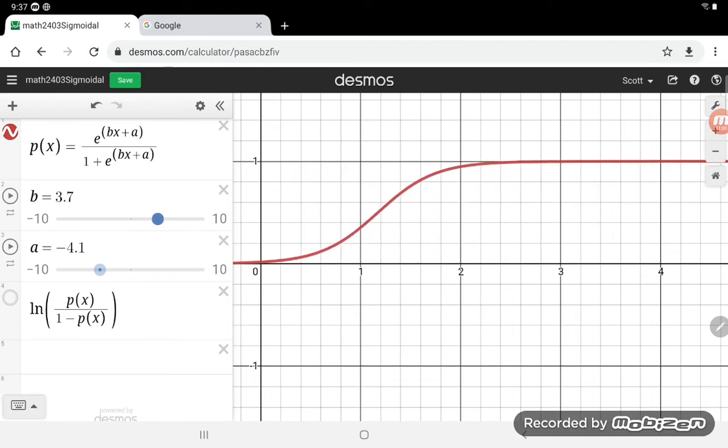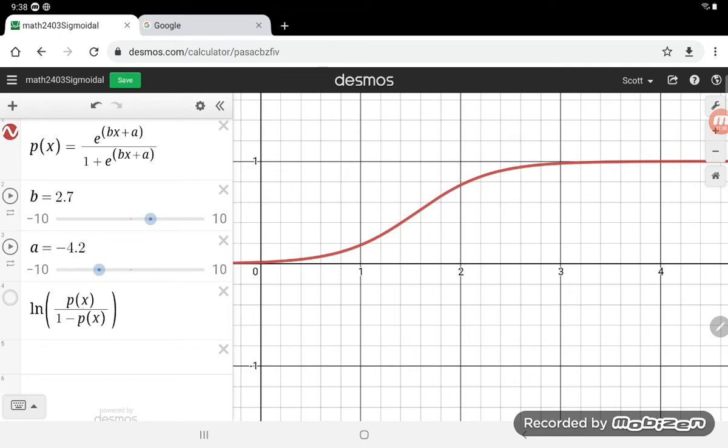It's still a sigmoid, but we can make it steeper or less steep like that, and then changing A moves it along the x-axis. So by changing those two things, we could probably fit any given data pretty well. But we don't know how to do that. We know how to do linear regression, but we don't know how to do it with the exponentials.